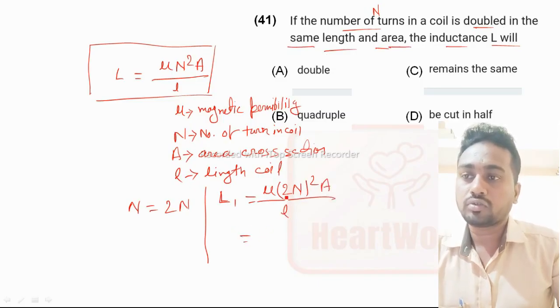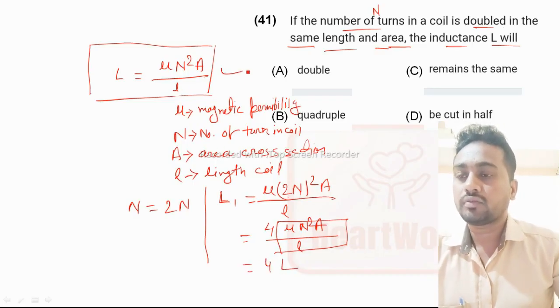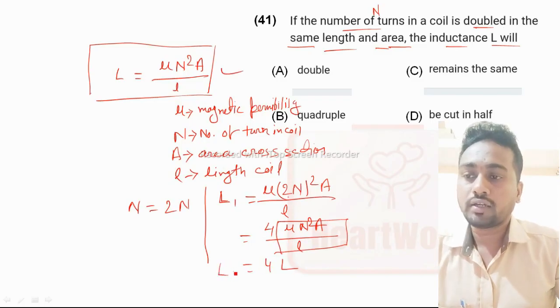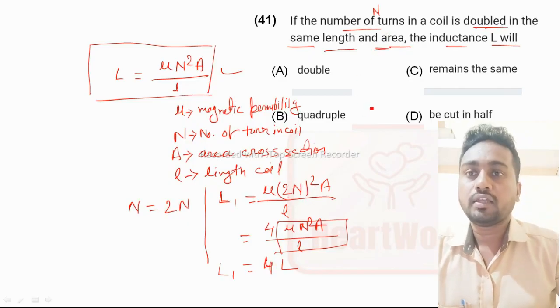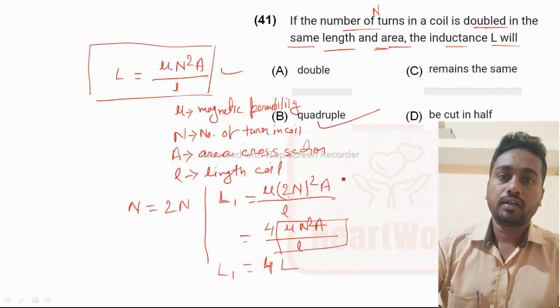Now if we calculate, 2 to the power 2 is 4, so L1 equals 4 times mu n squared A by l, which is the same as the inductance L. So L1 equals 4L. Whenever the number of turns in a coil is doubled and length and area are the same, the inductance will be quadrupled. Option B, 4 times the inductance.